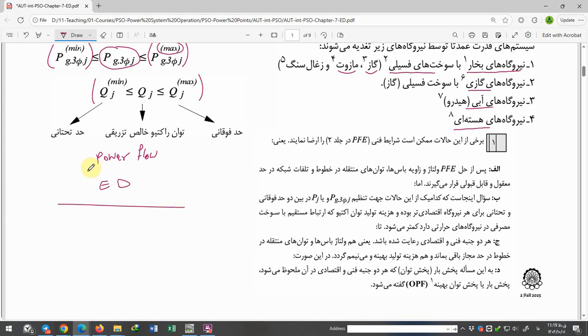If you combine these two subjects, a new subject we have is called optimal power flow, or OPF.